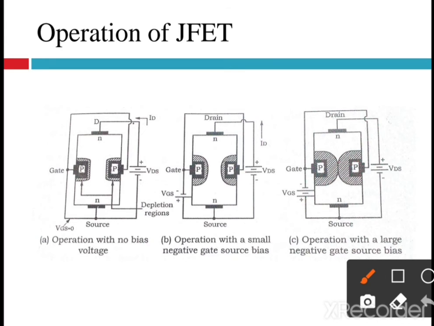The gate to source voltage VGS at which the drain current is cut off is called VGS off. With the increase in negative VGS, the channel becomes more and more narrow and the drain current reduces, and the gate to source voltage at which the drain current is 0, completely cut off, is known as the pinch off voltage.